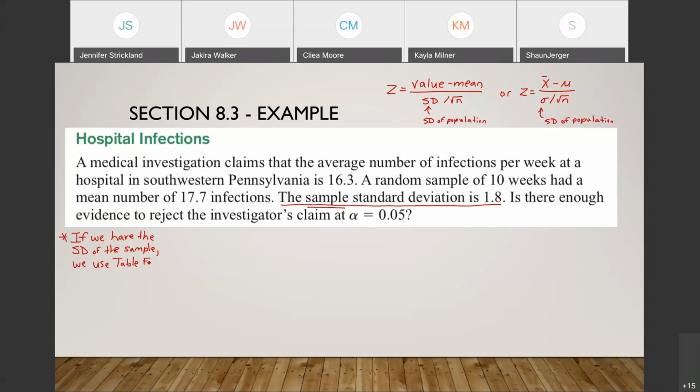The other one was table E. Right, and table F has T values instead of Z scores, or instead of Z values. And in terms of our 5-step process, that is the only thing that's going to change. Okay, and so, like I said, it's a very minimal change in the procedure. You just have to be sure that you're using the correct table.